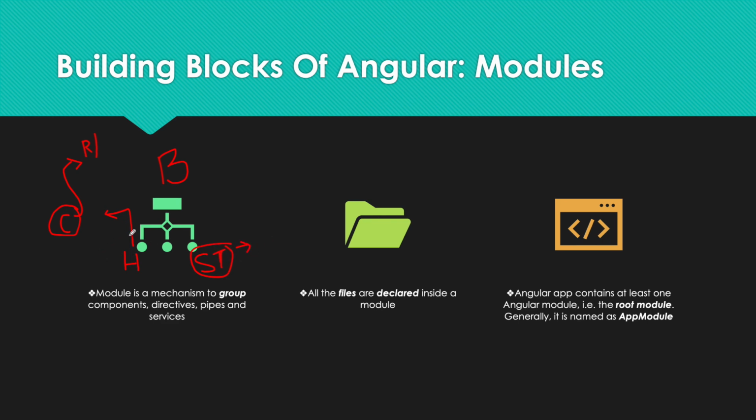So if I'm creating a bank project, all house loan related components, directives, and the REST APIs will go in a house module. If I create a student loan module, I'll keep all my student components, directives, and services in a different module.